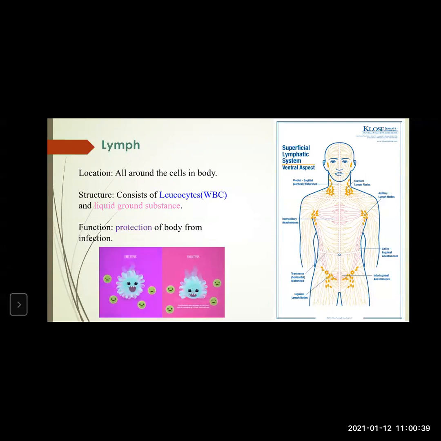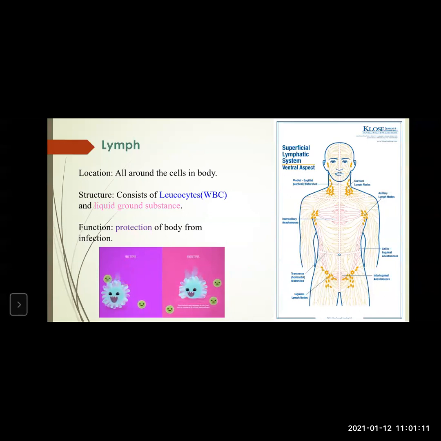Now, the function of lymph, if you imagine, is just like a Pac-Man. You all must have played the game of Pac-Man, how that Pac-Man eats the dots on the screen. Similarly, the leukocytes that are present in the lymph engulf, that is, they eat the infective agents or the infection in our body, just as you can see in this.